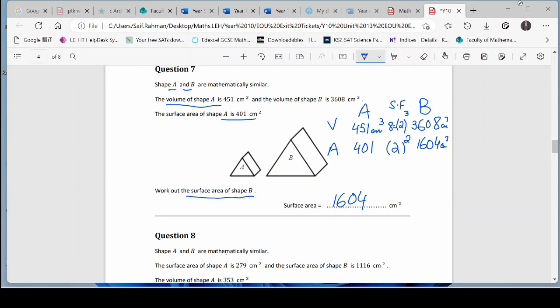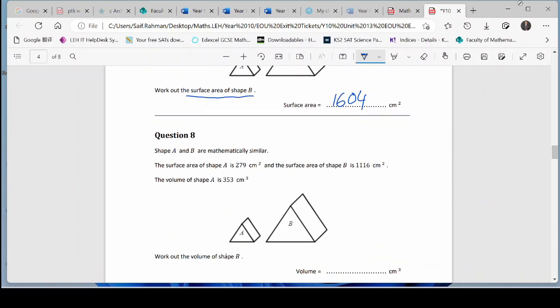As you see, the scale factor is 2 for the length. So here we can find the length as well if we know the length of one.